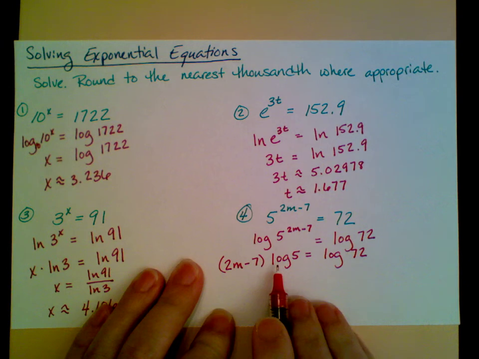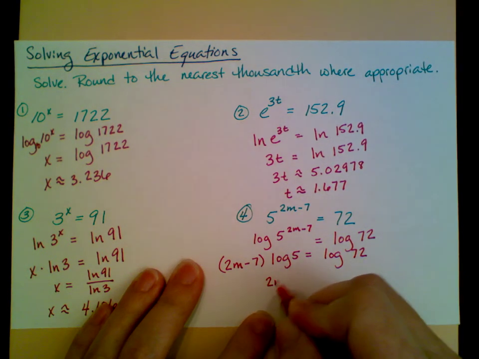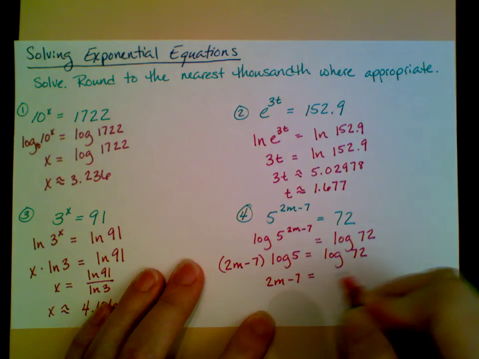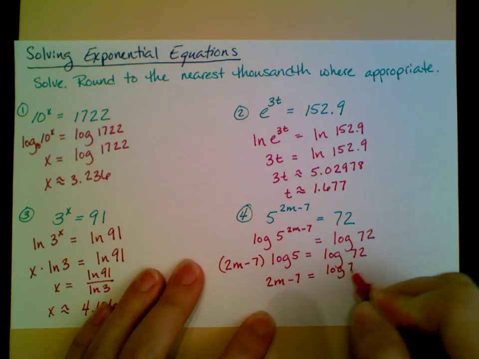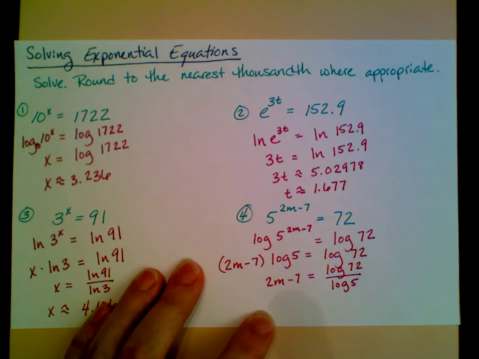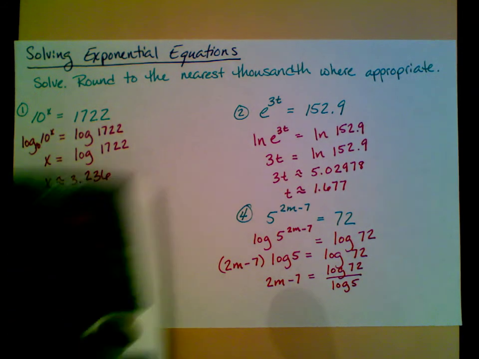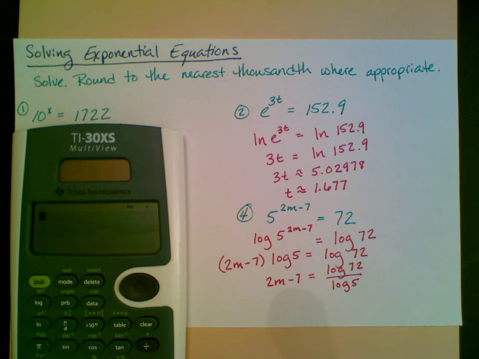I'm going to divide both sides of this equation by log of 5, so I get log of 72 over log of 5. And then there's actually several different orders you could put this in, but we can go ahead and get a decimal approximation for that number.